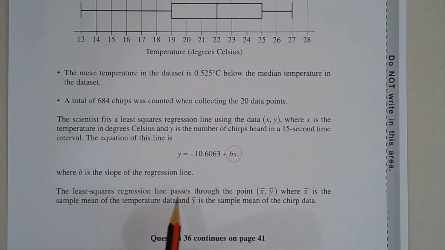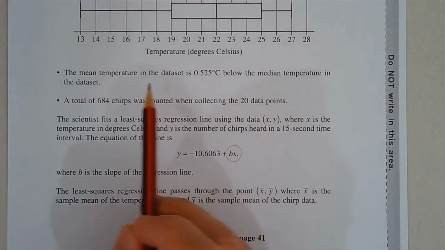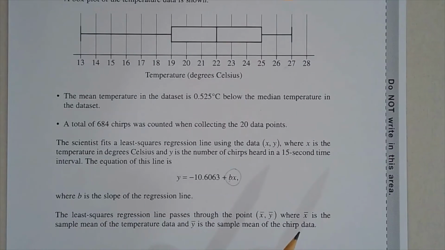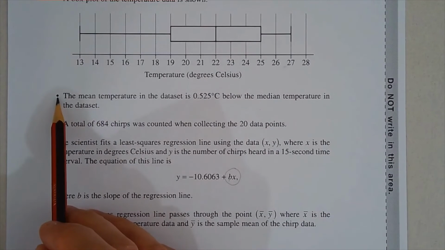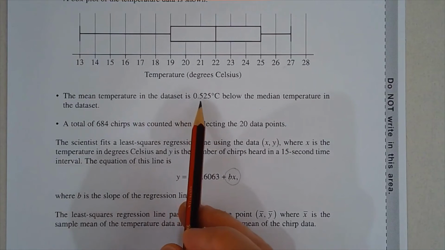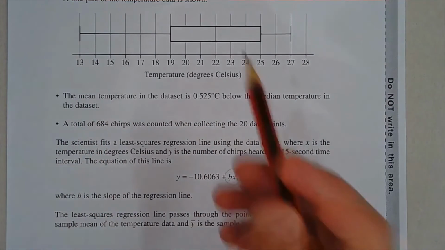Now, x bar is the average temperature. Let's go to the box and whisker plot. The second point is that the mean temperature in the data set is 0.525 degrees Celsius below the median temperature in the data set. So let's see what the median temperature is.